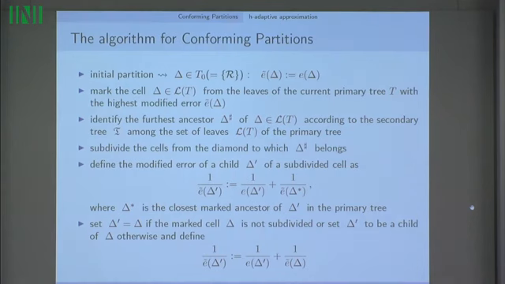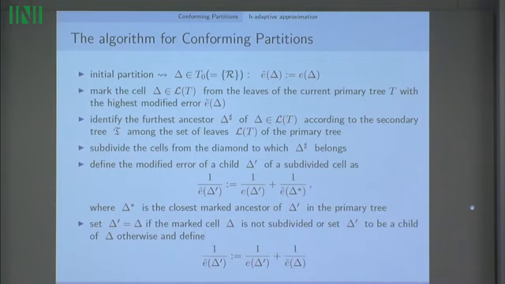I'll need that. So the algorithm for conforming partitions looks the same as before. However, the rules of the game change. We have a triangulation. In this triangulation, we have this modified error, which is calculated somehow, and then we see that somewhere the modified error is the biggest, and we decide to mark this cell.